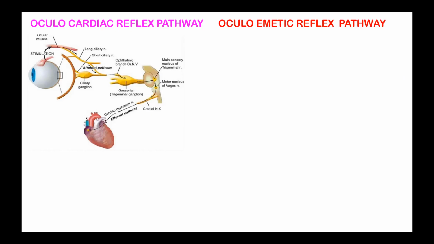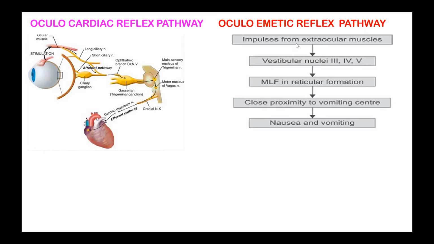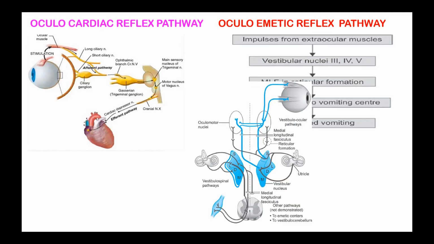Post-op nausea and vomiting is very, very common after squint or strabismus surgery. So again, you have to state the afferent and efferent pathway. The afferent pathway is again the same pathway. So impulses from the extraocular muscles go to the vestibular nuclei, cranial nerves 3, 4 and 6, medial longitudinal fasciculus and reticular formation, in close proximity to the vomiting center. So that is stimulated to produce nausea and vomiting.